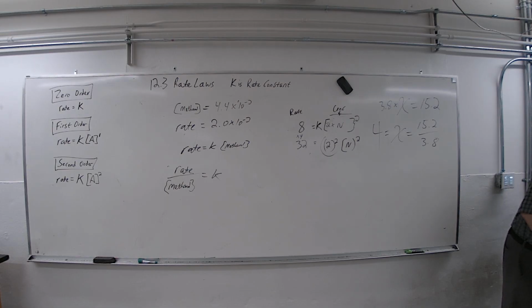So the lower column in number 24, the 3.8, you multiply by 4, you'll get 1.52. I'm skipping the powers of 10. You see the powers of 10? I still say it's the power of 10 that makes this complicated. So what order do you have here? Concentration goes up by 2 and rate goes up by 4.